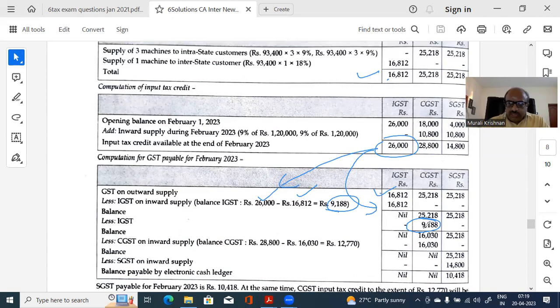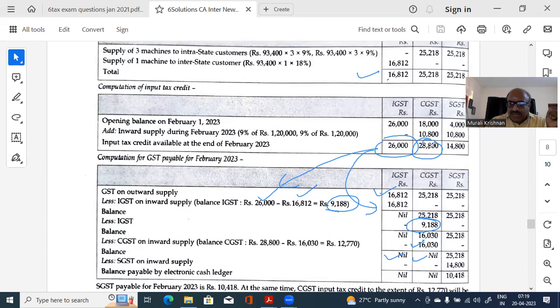Now, what he's doing with the IGST. First, he's settling IGST liability. Then the balance is utilized for CGST. So IGST liability is over, exhausted. Now he has to settle CGST. Where will he go? From this 28,000, which is the total input available under CGST, he is utilizing the entire amount. So this is also becoming nil, both.